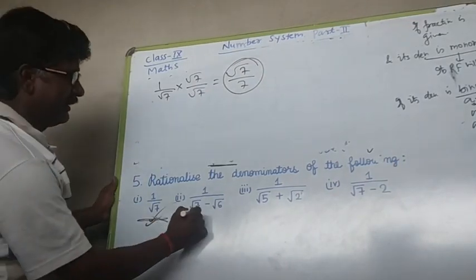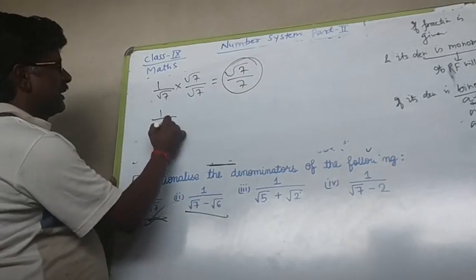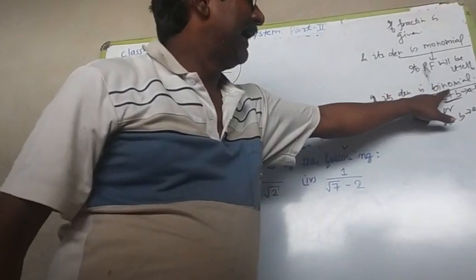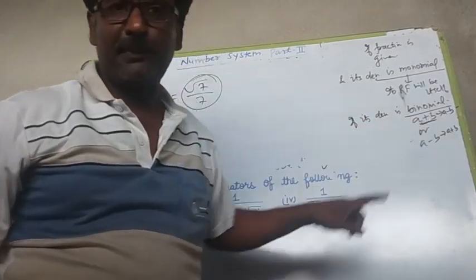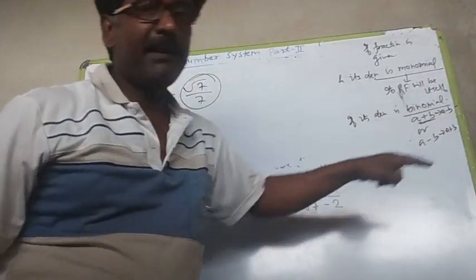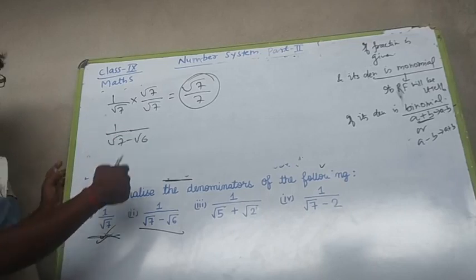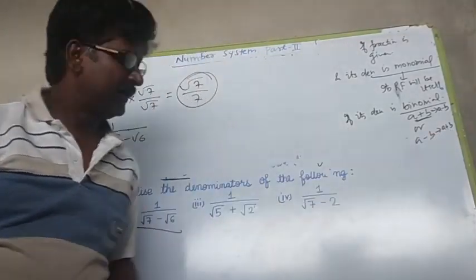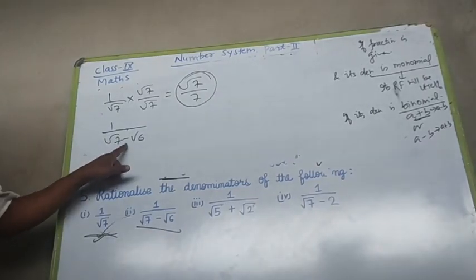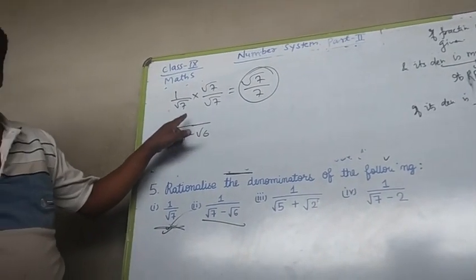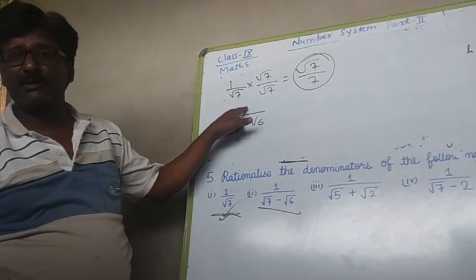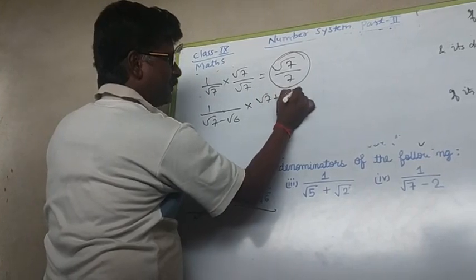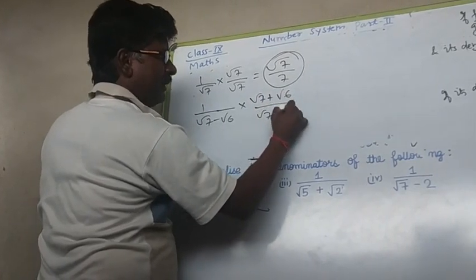Next is 1 by root 7 minus root 6. Here the denominator is a binomial in the form of a minus b, so its RF is a plus b. So its RF will be root 7 plus root 6. We multiply its numerator and denominator by root 7 plus root 6. So root 7 plus root 6 by root 7 plus root 6.